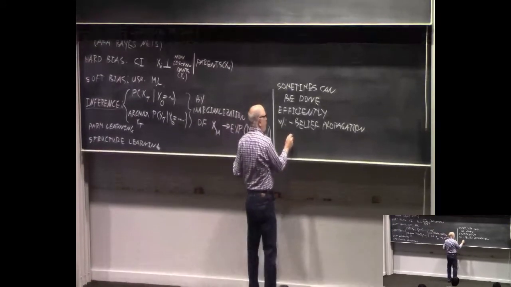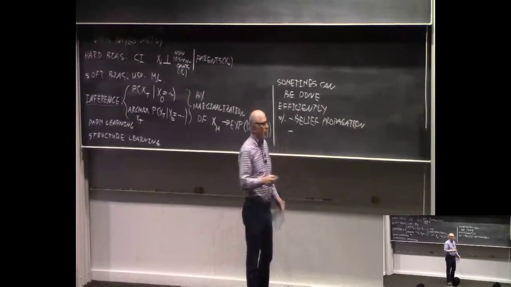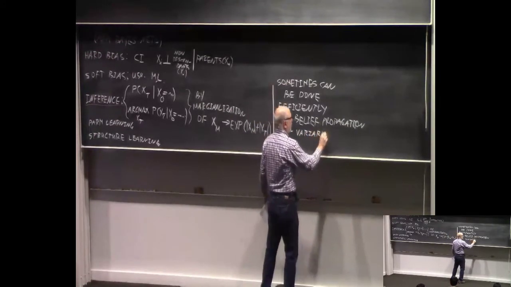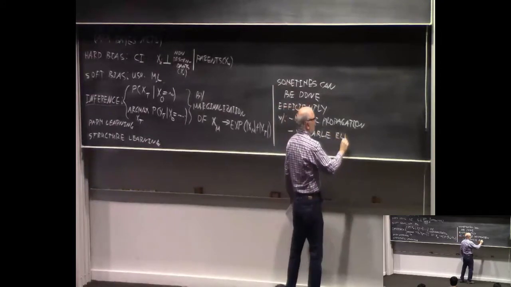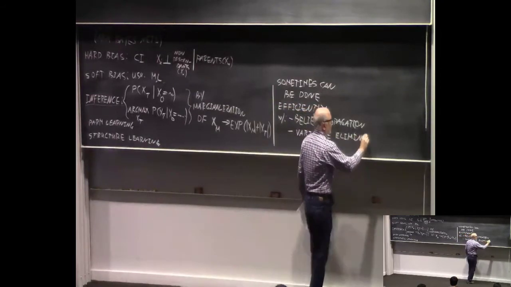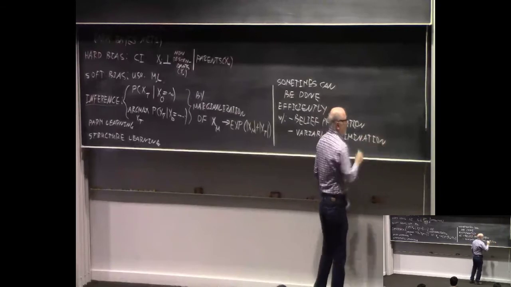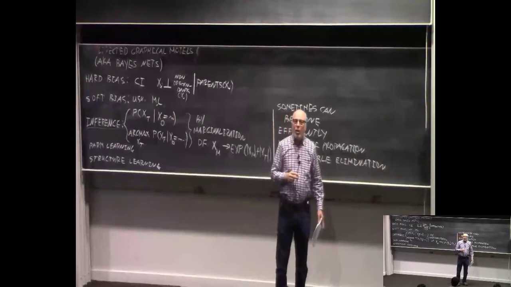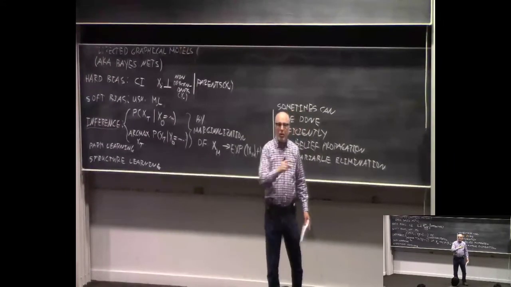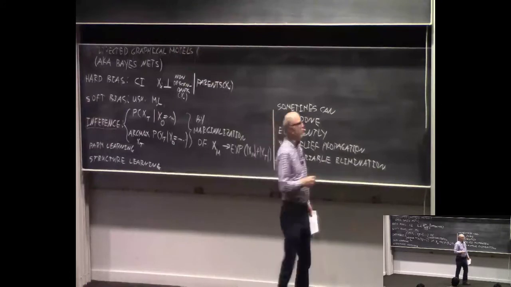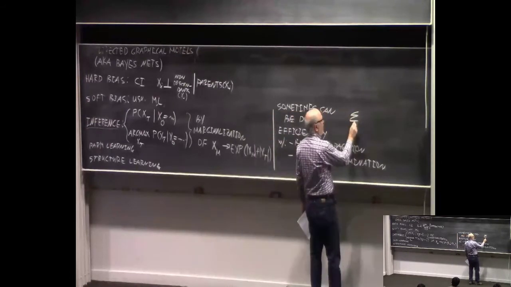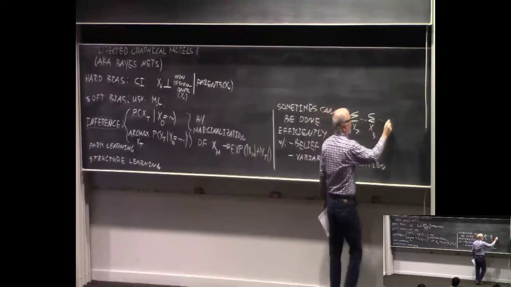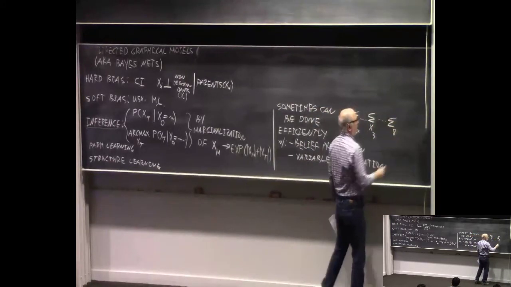Another very general way that often works is called variable elimination. In variable elimination, you take the summation over all possible variables that you're trying to maximize over. So you have a sum over some x7, and then inside you have another sum over x3, and inside you have another sum over x8.